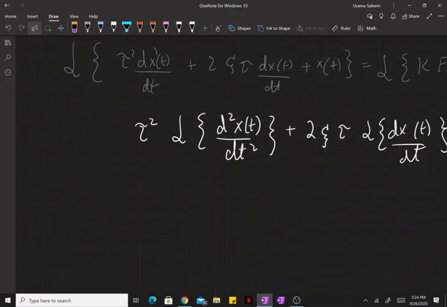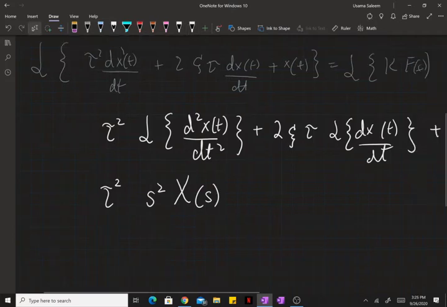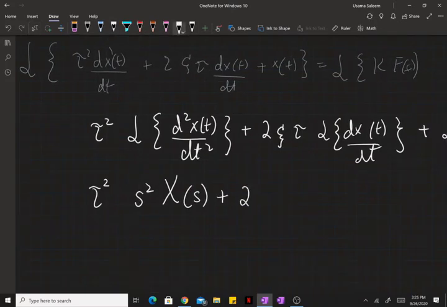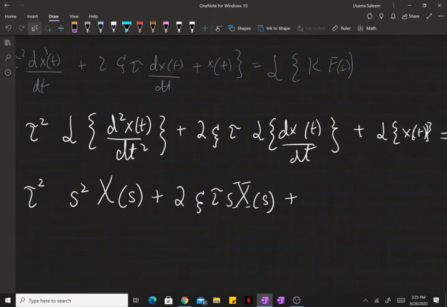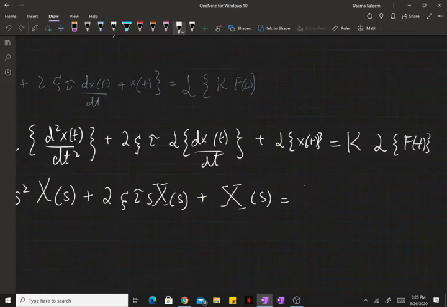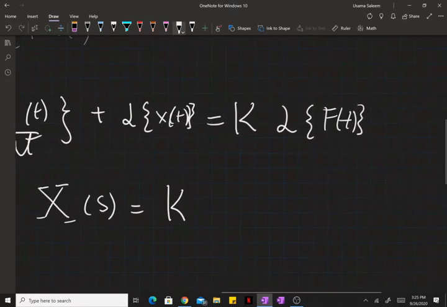for the Laplace transforms of our derivative terms, we'll be left with tau squared times s squared times capital X of s, plus 2 eta tau s times X of s, and for the x term, the Laplace transform is just going to be X. Now for the Laplace transform of the forcing function, we're dealing with the most general case.